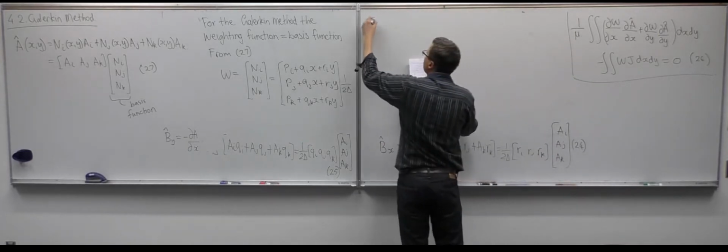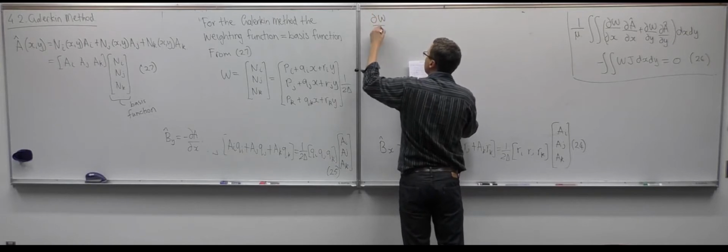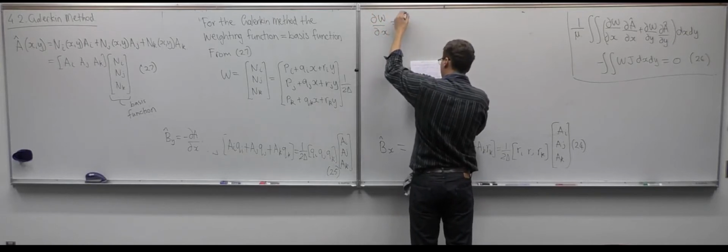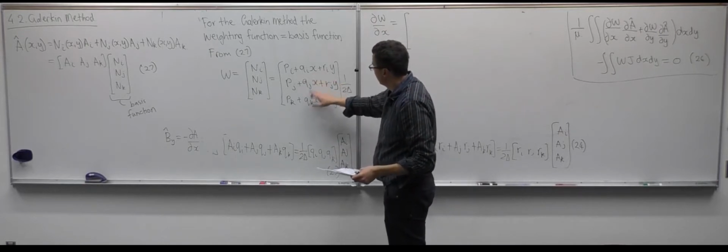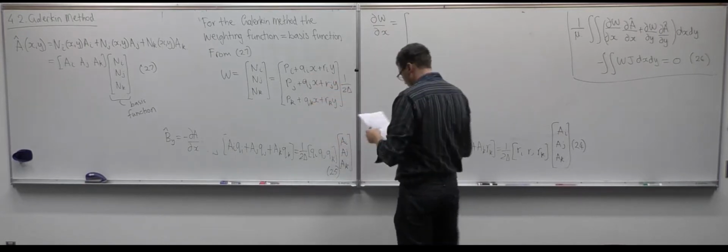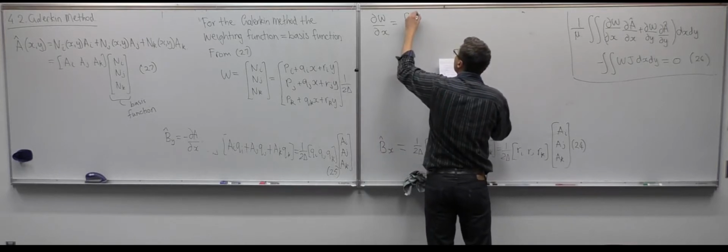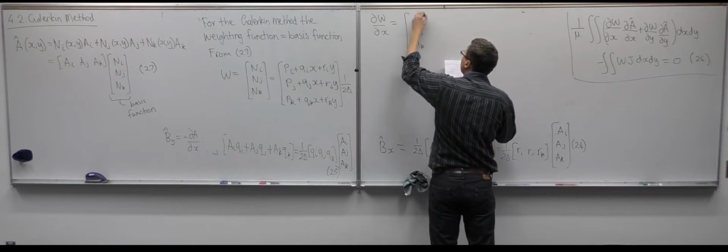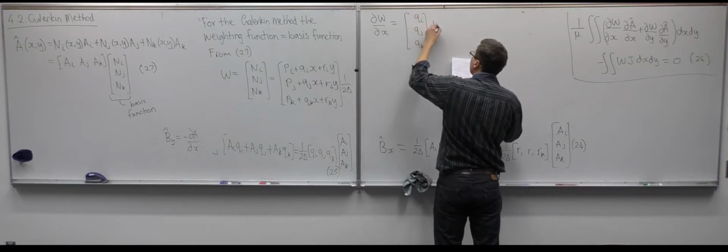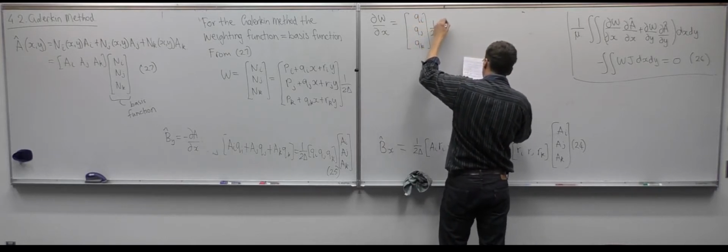So the derivative of the weighting function with respect to x, in that case, there's just the Q terms left. So we get Qi, Qj, Qk times 1 over 2 delta.